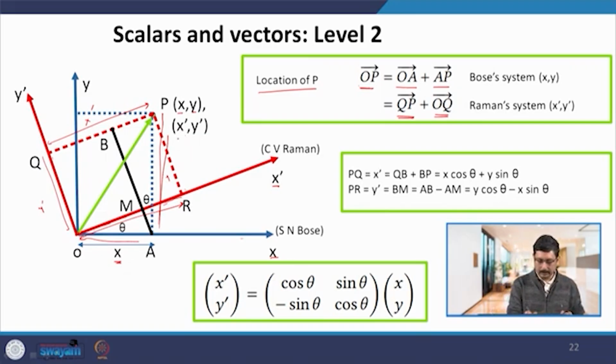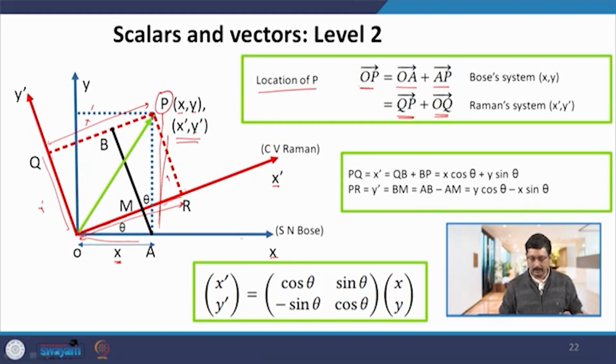So, in Raman's system, the coordinates of the same point P are different. In Bose's system, the coordinates are x, y. In Raman's system, or in the red system, the coordinates are x prime, y prime.